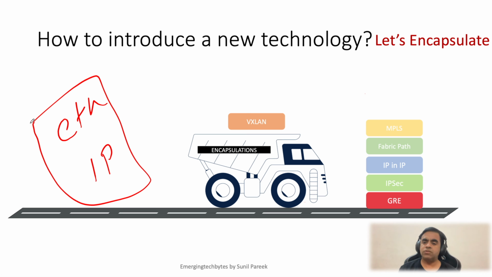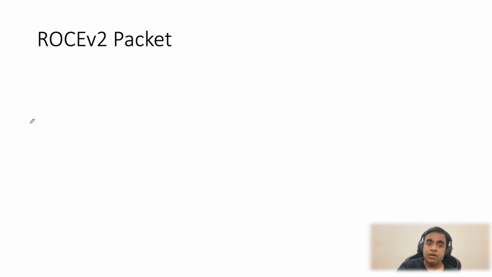Why am I telling you this story? This is a course on architecting an AI-enabled data center, AI and ML for network engineers. So why am I telling you this? Because here we will be talking about this protocol, this packet, RoCEv2 is what it is called in its short form.